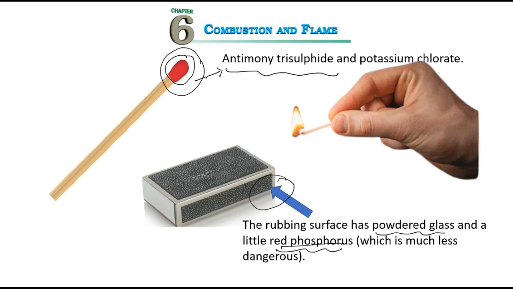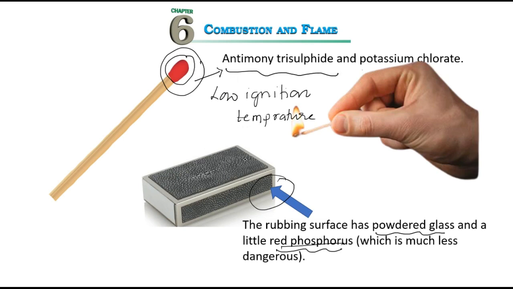So we rub it over this surface. Antimony trisulfide also has a low ignition temperature. Okay? And what does it mean? It means that it catches fire at a very low temperature when there is oxygen, just like phosphorus.